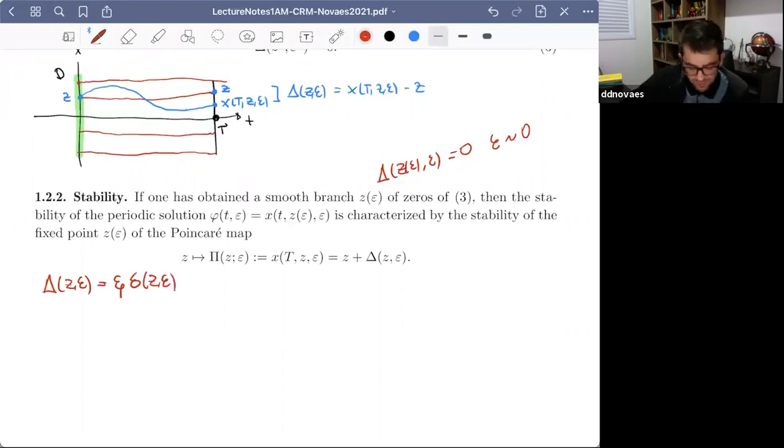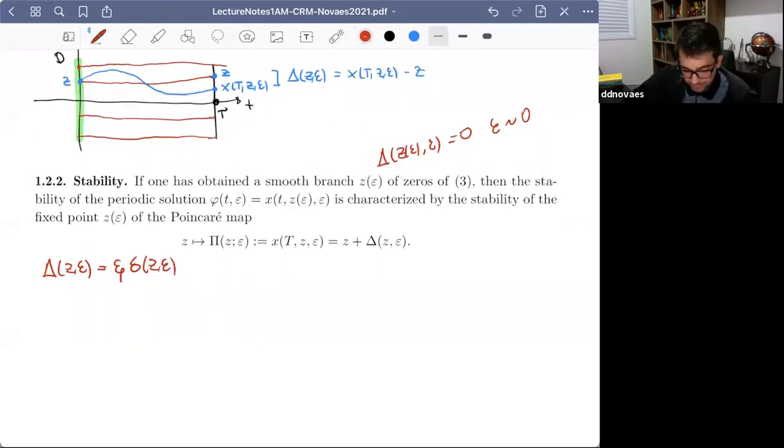In order to investigate the stability of the fixed point of the Poincare map, a first thing we can do is look at the linearization: compute the Jacobian of the Poincare map and study its eigenvalues.